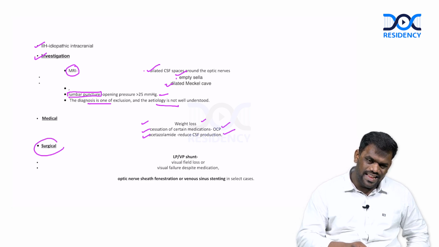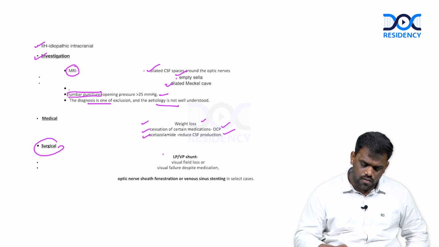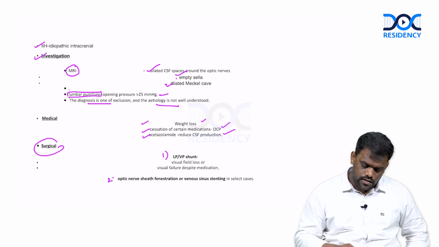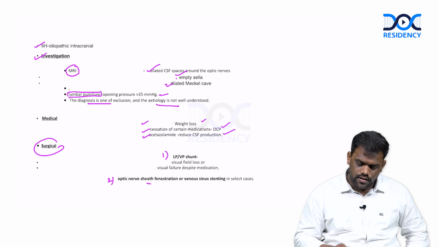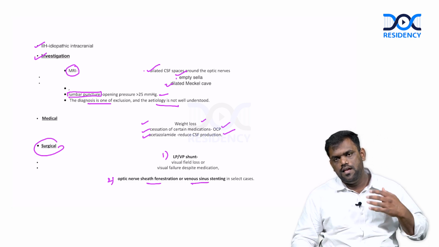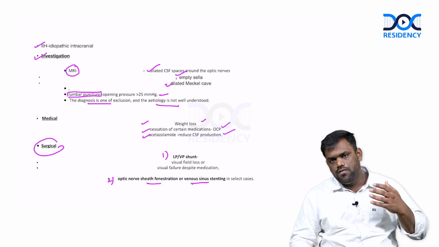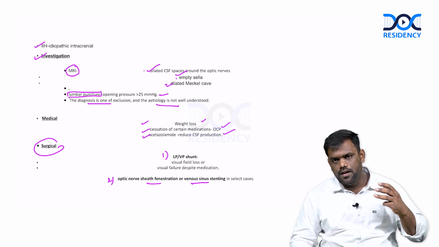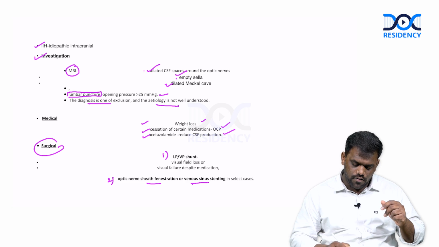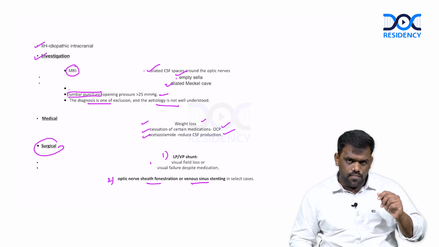Next, what are the surgical options? You have to go for VP shunt or lumboperitoneal shunt. Third is optic nerve sheath fenestration or venous sinus stenting in selected cases. These are the various surgical options. The main thing here is the LP shunt or VP shunt, and the main indication is visual field loss or visual failure despite medication.